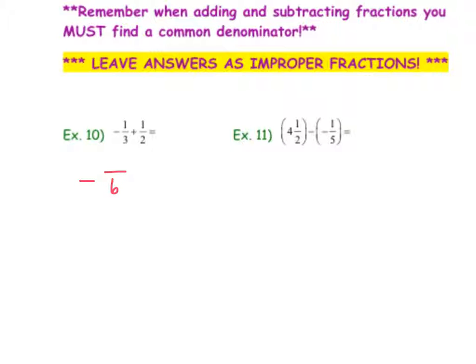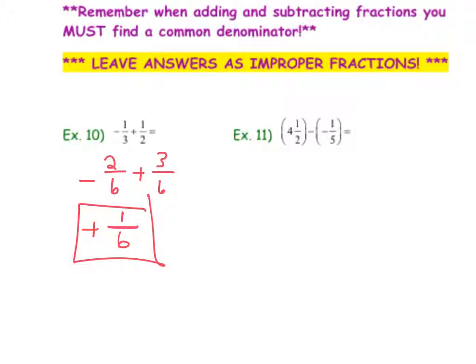So this would be negative 2/6 plus this would be 3/6. So if a negative plus a positive, that means I subtract and take the sign of the bigger number. That means I'm going to take 3/6 and subtract 2/6. That would give me 1/6. And the 3/6 is positive, so that means my answer is positive.